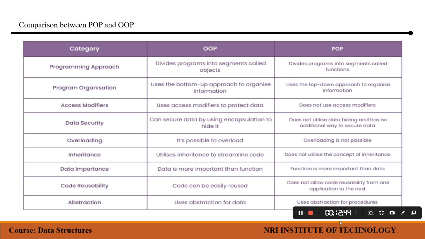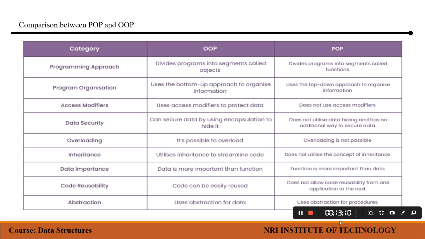Data importance. Data is more important than function, and of course, based on this feature itself, it provides the data security. And coming to procedure-oriented programming, function is more important than data. That's why it is called as procedure-oriented programming. In code reusability, code can be easily reused in the object-oriented programming paradigm.